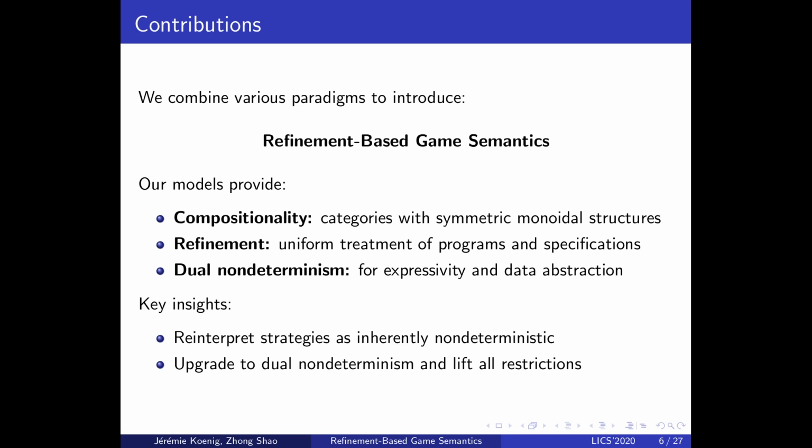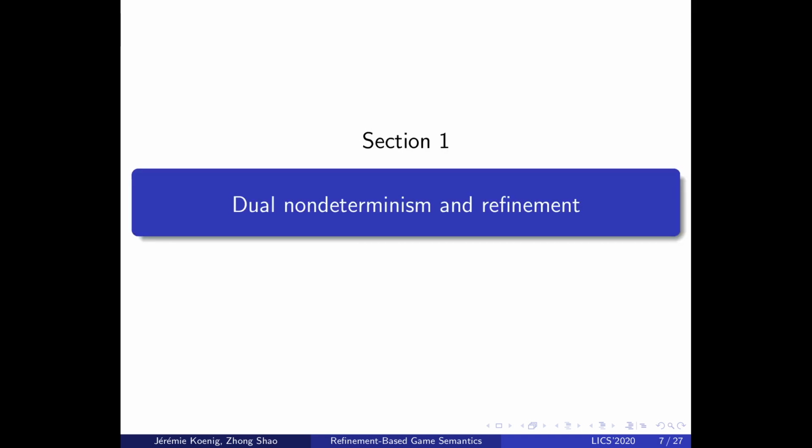Our key insight is that strategies in game semantics are already inherently non-deterministic, and we construct our models by lifting restrictions on this non-determinism and upgrading it to dual non-determinism. Before I explain in detail how our model works, I'll present the main ideas behind our approach.